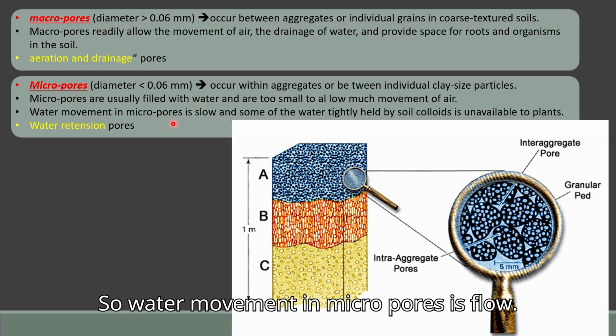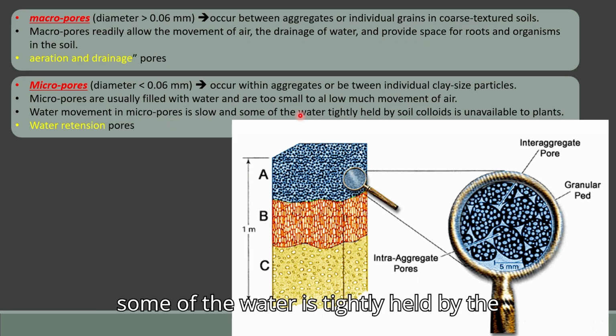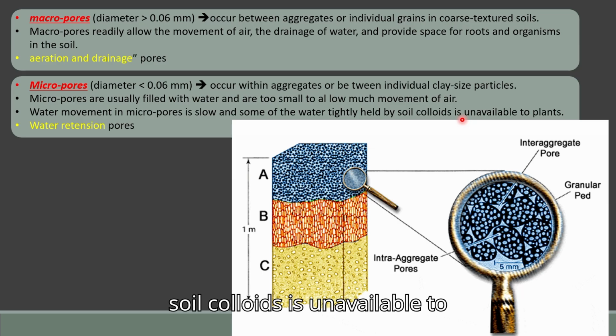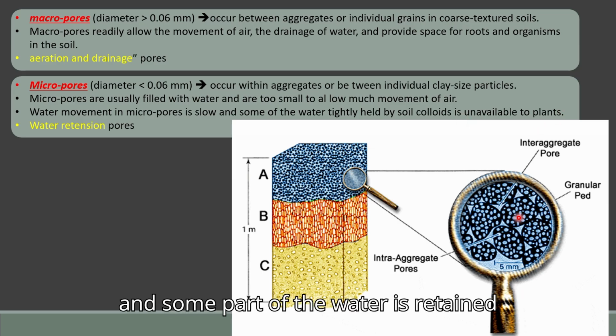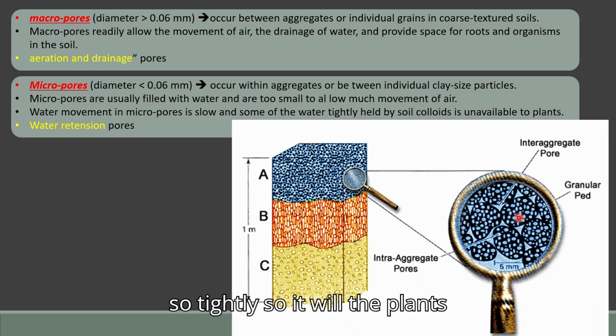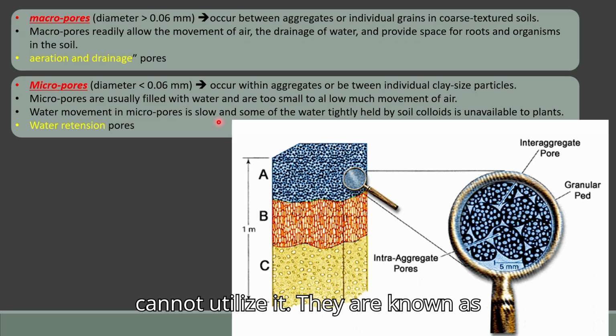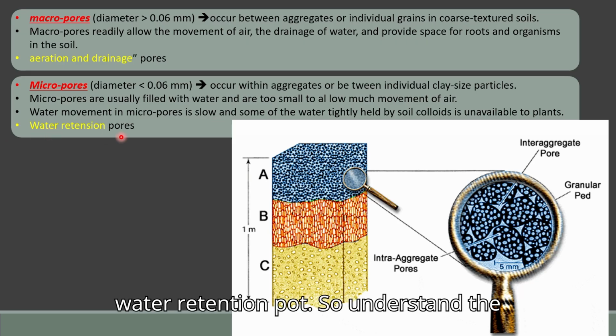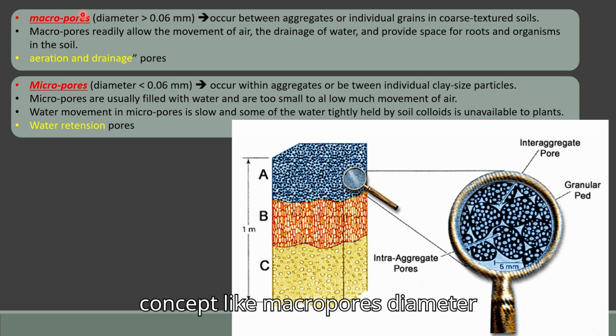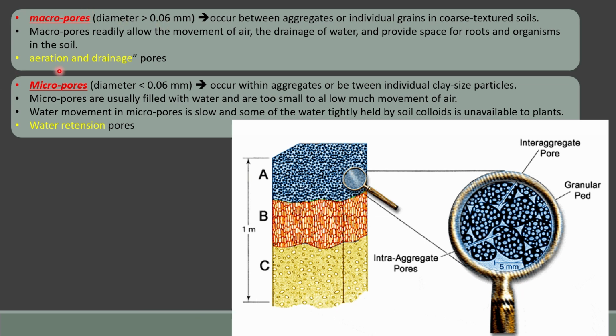Water movement in micropores is slow, and some of the water is tightly held by the soil colloids and is unavailable to plants. They retain water, and some part of it is retained so tightly that plants cannot utilize it. They are known as water retention pores. So understand the concept: macropores, their diameter, and their function.